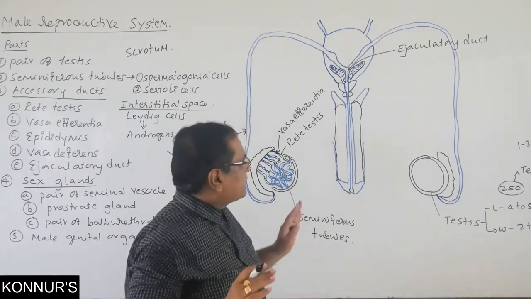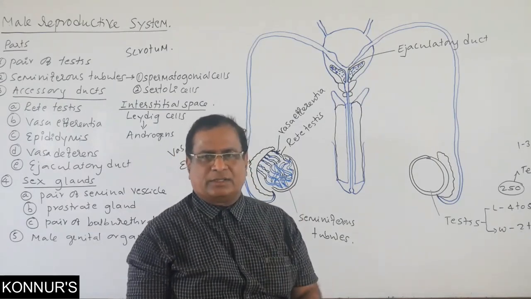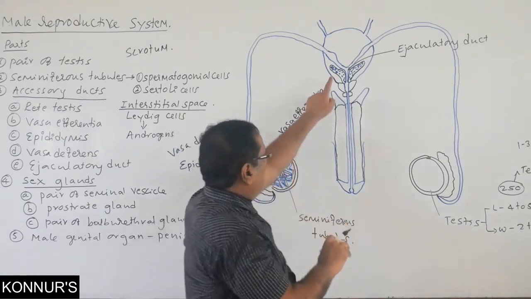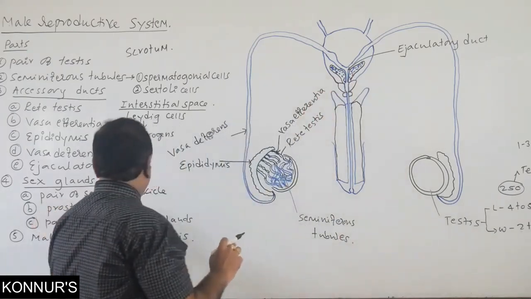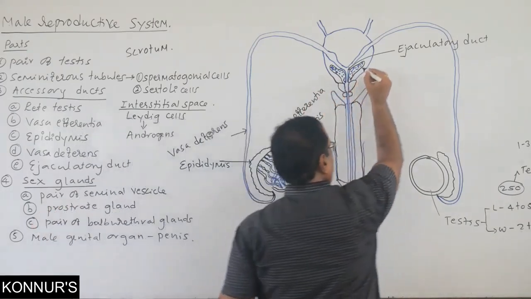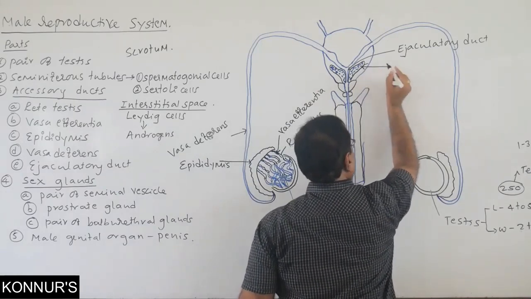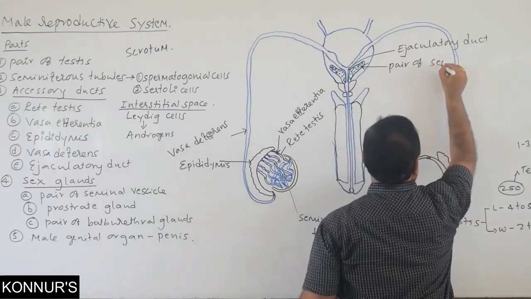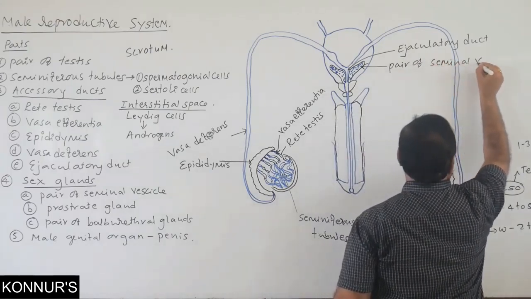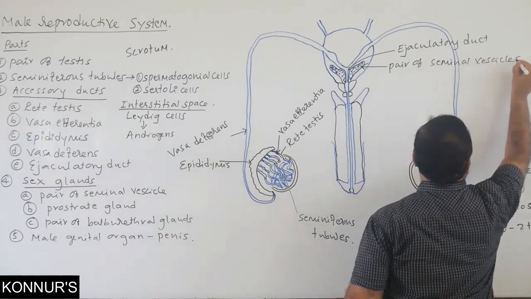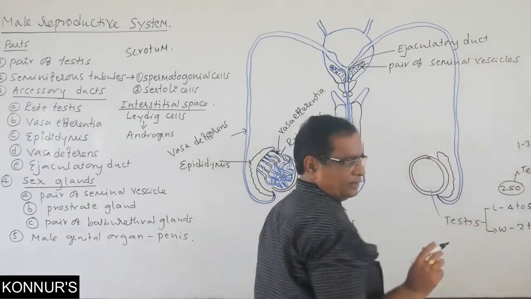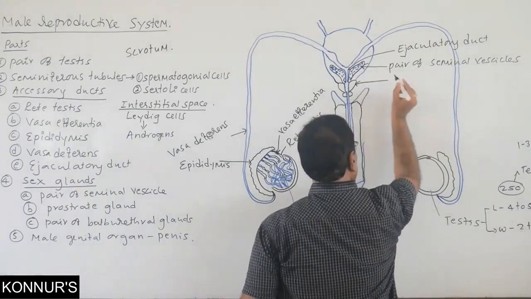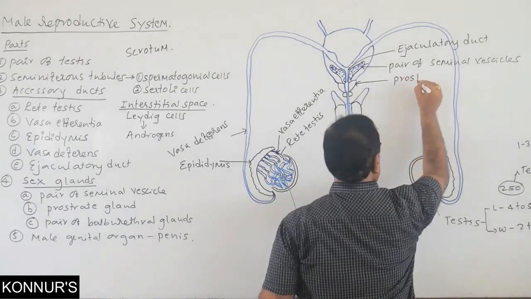And on either side of the ejaculatory duct there are sex glands: a pair of seminal vesicles, and a single prostate gland.